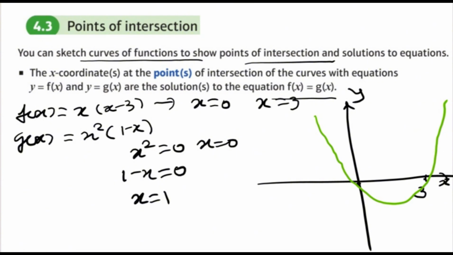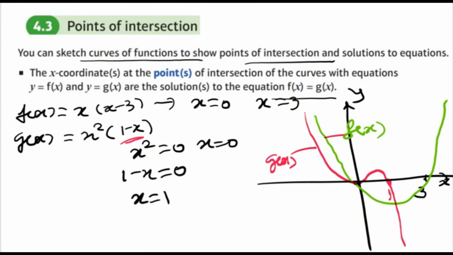Now for the cubic graph, we have a minus x cubed here, which means you have to start from the minus x side, and I have two intersection points, which are 0 here and 1 here. So this graph looks like this. So this is my cubic. This is the g(x) function and this one is the f(x) function.